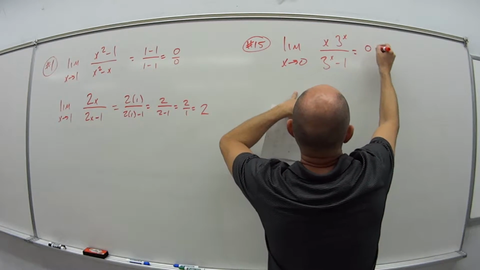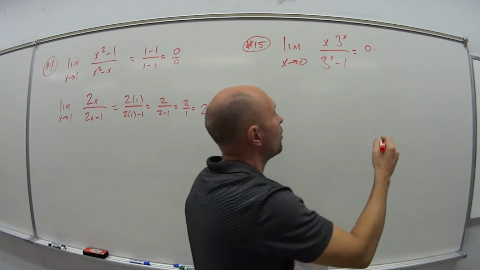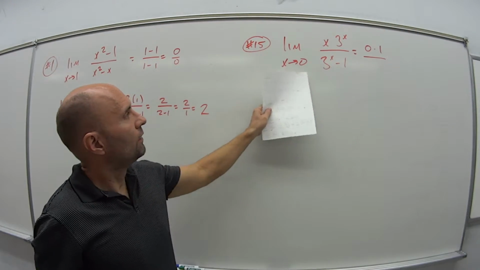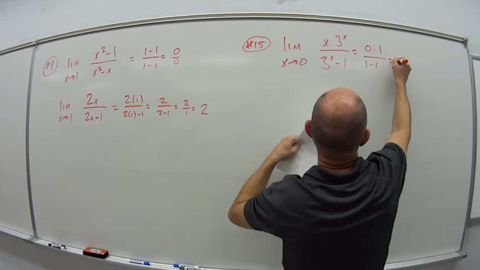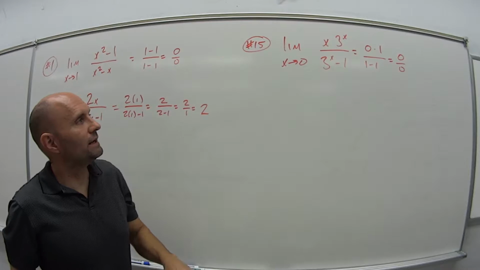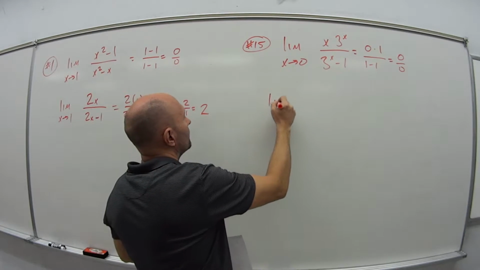X is 0 times 3 to the 0, so 3 to the 0 is 1. Anything to the 0 except for 0 is 1. So again, 3 to the 0 here is 1, minus 1, so I get 0 over 0. So that's good for me. It's already in the indeterminate form. I can just apply L'Hopital's here.